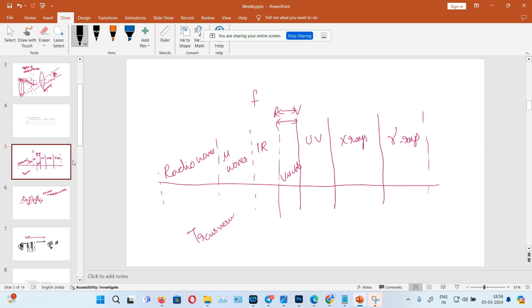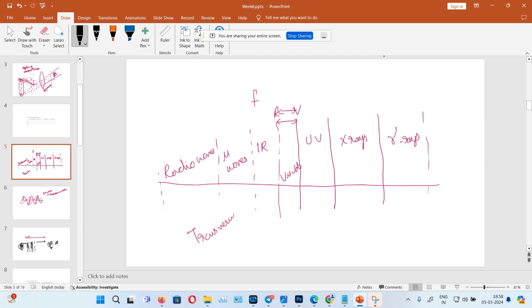Similarly, on the other side, you have the red here, and below the red we also cannot see. That's below our detection level, and that is called the infrared.